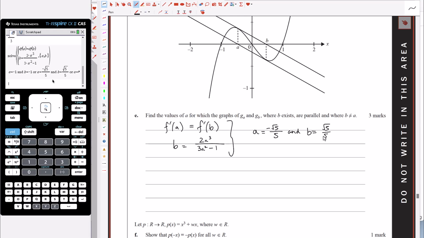That's one solution. Or let's see if there's another one that's valid. Okay, or we get A equals positive root 5 on 5 and B equals negative root 5 on 5. And then the final solution is A equals 1 and B equals 1, but again, we have this condition that B can't equal A. And so there are two possible combinations of what could happen.